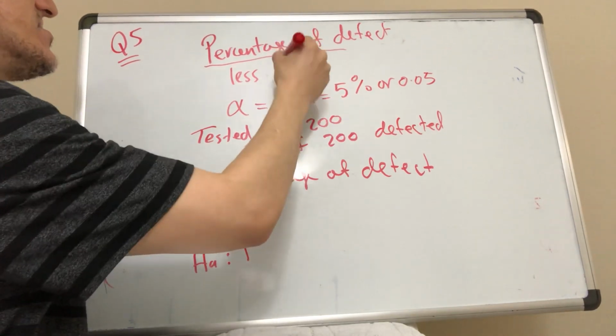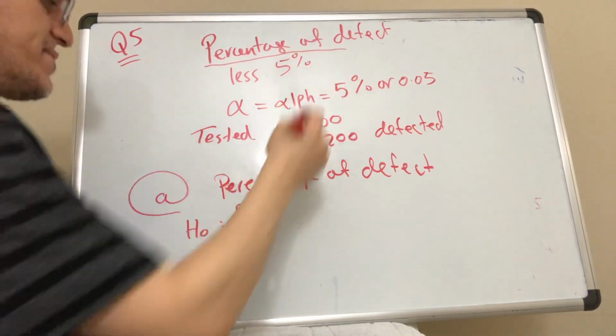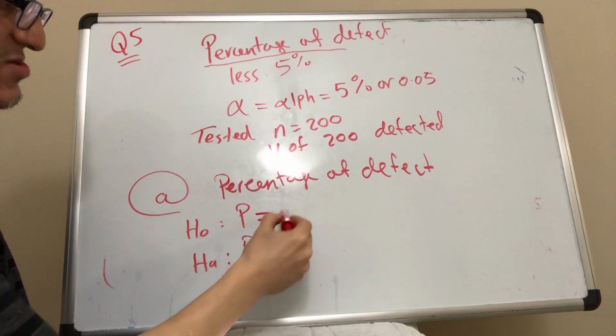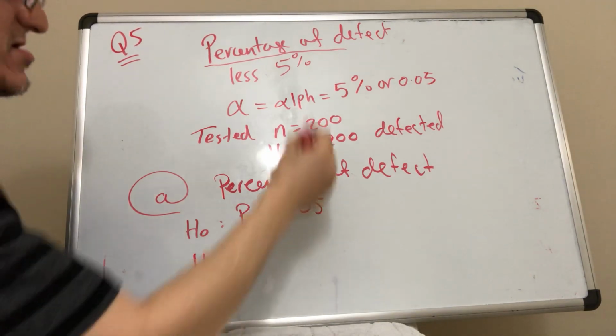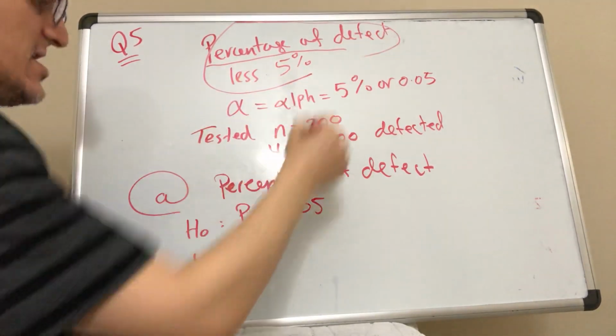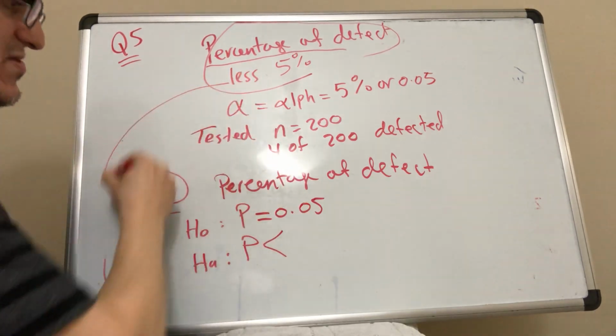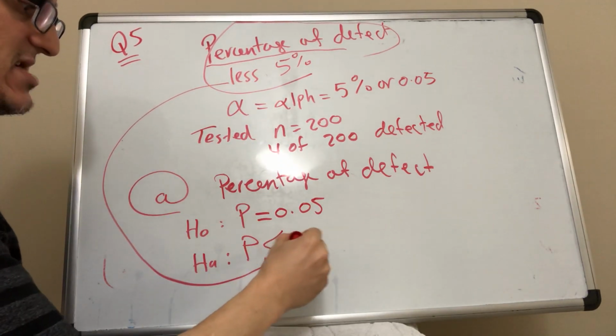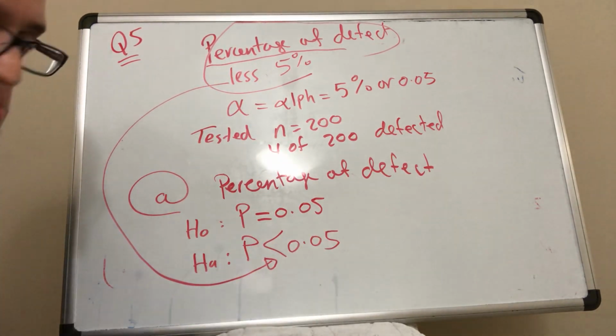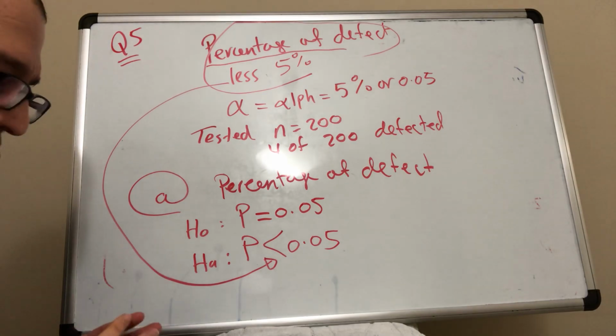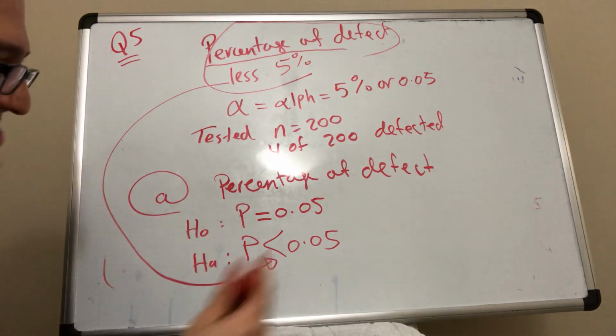I read it wrong, so this is less than 5%. P would always be equal to whatever the percentage is, and this would be consistent with the question. This time, it's less. The previous question was not equal. This one is obviously less.